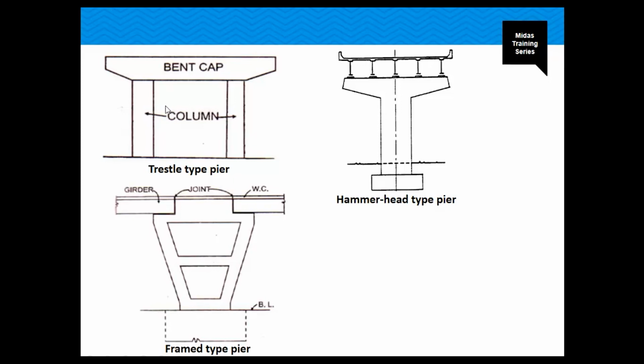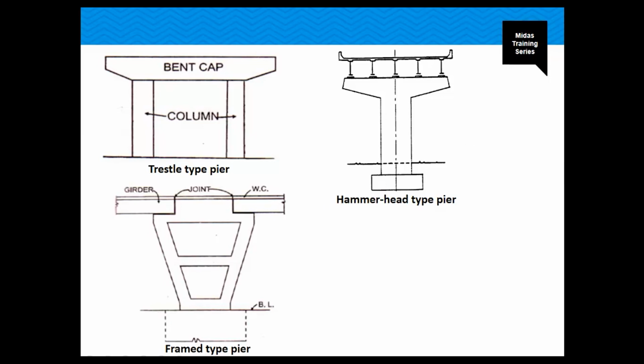These are the most popular forms of piers in modern highway systems. You also have the hammerhead, which consists of a massive single pier with cantilever pier caps on opposite sides. This is usually used for elevated highways as well.